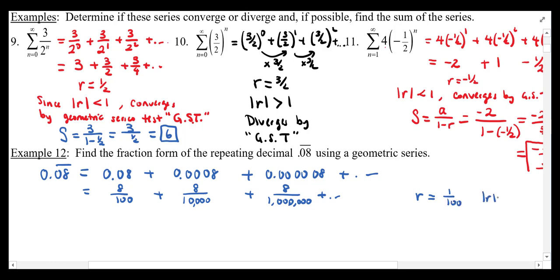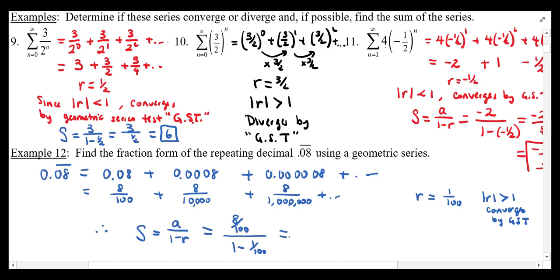And since the common ratio is less than 1, we know this converges by the geometric series test, and therefore we know that the sum is equal to the first term all over 1 minus r. And yes, you can find quite nicely that the first term is 8 over 100, and r is 1 over 100.